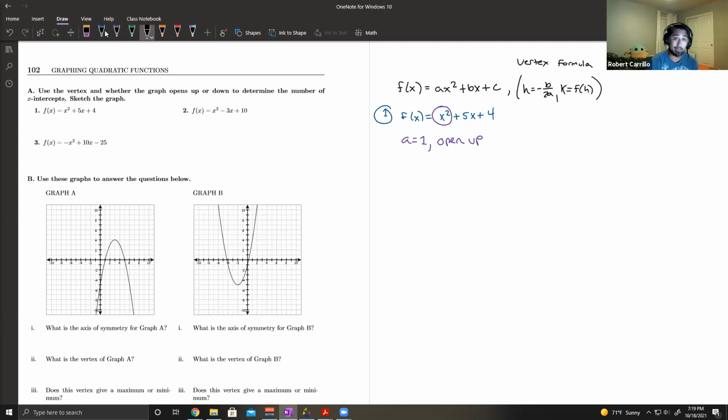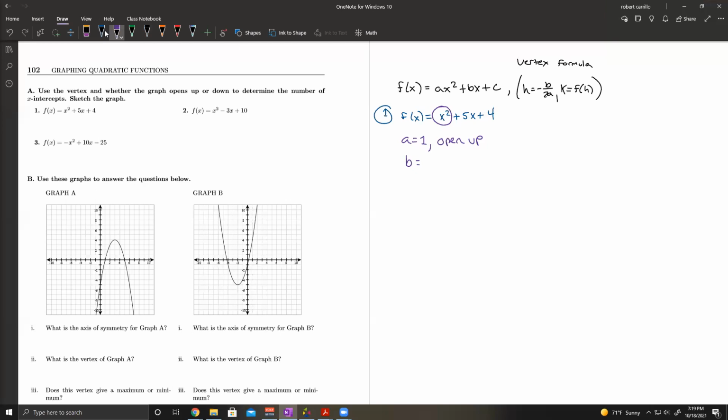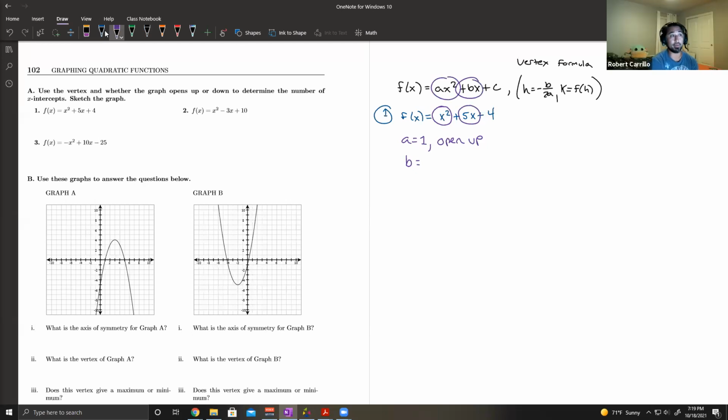So we already have a labeled. a is 1. What is the value of b on this function? 5. 5, right? Remember, we are comparing it to the standard form above. So a is 1 and b is 5. And all you need to know is a and b in order to find the h value of our vertex. So let's go ahead and do that.